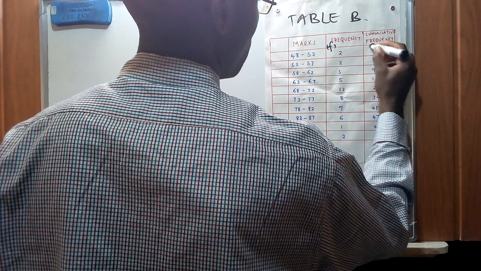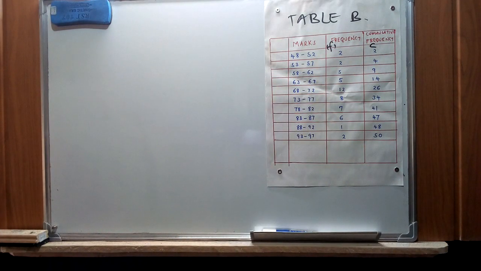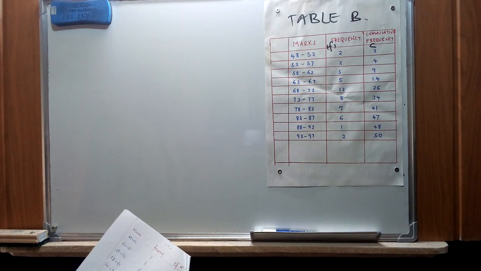From our formula, we've talked about C being the cumulative frequency, but we're going to see how cumulative frequency can be regarded as the cumulative frequency for the class that is above the median class.